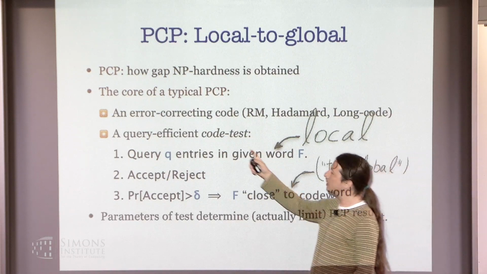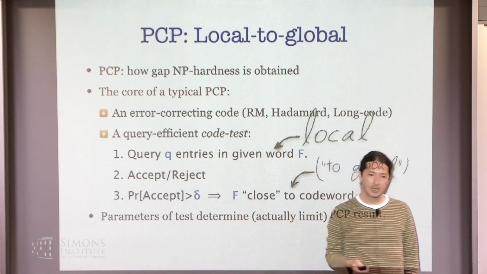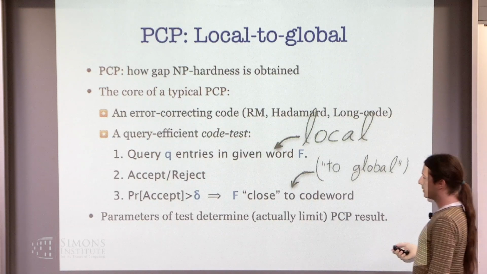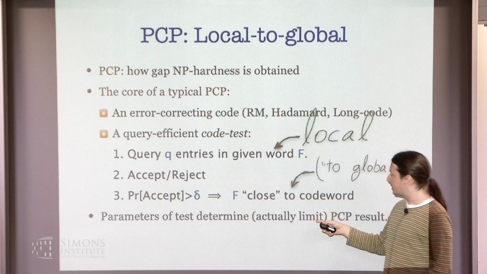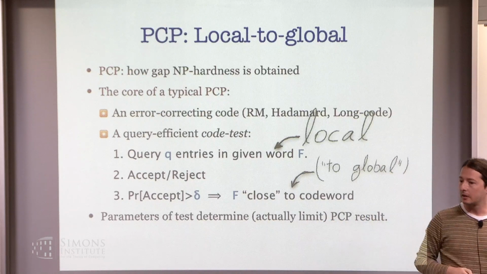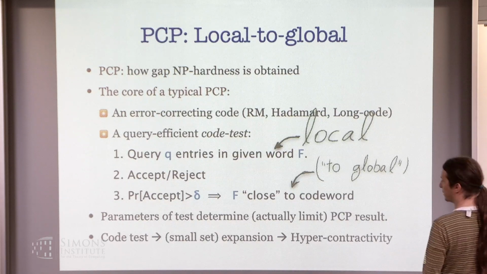And it's not clear how to get a PCP from a code test, but it's clear that the code test that you use for the PCP either determines or at least limits the parameters of the PCP that you get.